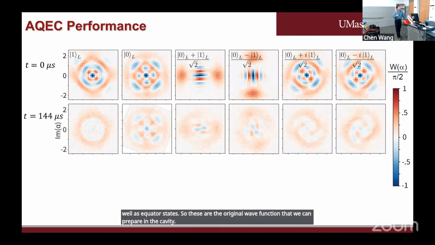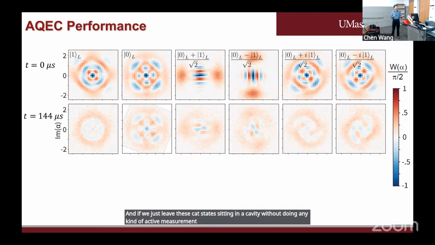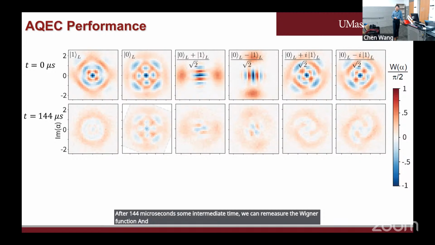If we just leave these cat states sitting in the cavity without doing any kind of active measurement or any kind of engineered dissipation on the system, this is what we call the free cat evolution. After 144 microseconds of intermediate time, we can remeasure the Wigner function, and you can see that all the interference effects and the cat state phase information are relatively scrambled.